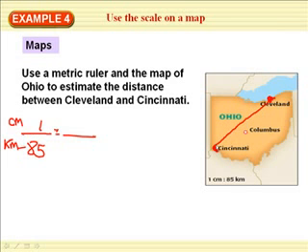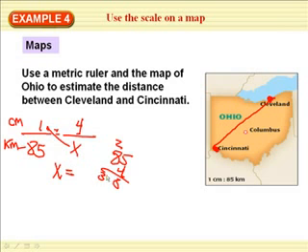And on the map, I'm just looking at the solution. I don't have my ruler. I can't measure it. On the map, the distance between Cleveland and Cincinnati is about 4.2 centimeters, which I would say is about 4. I don't know if I would put 4.2. And x, so 1x equals 85 times 4. 340, about 340 kilometers.